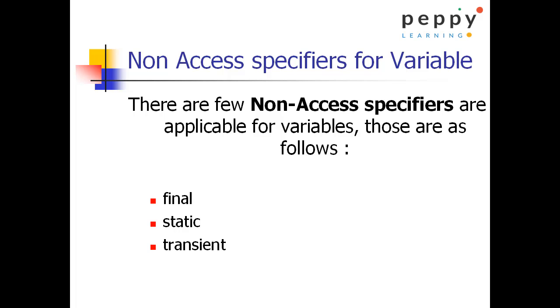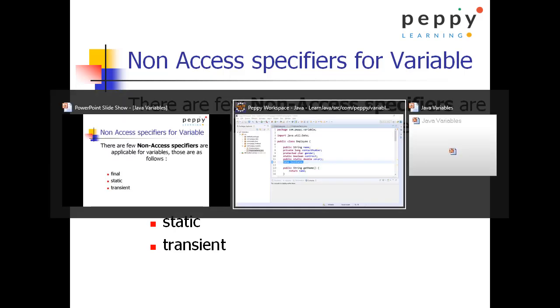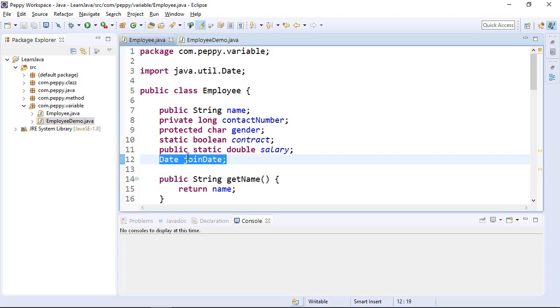Non-access specifiers for variable. There are a few non-access specifiers which can be used for variables. Those are final, static, transient, etc. If you look at our class, I have mentioned one non-access specifier static for contract as well as for salary.